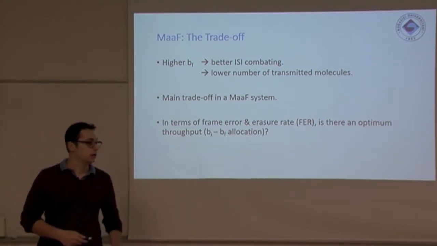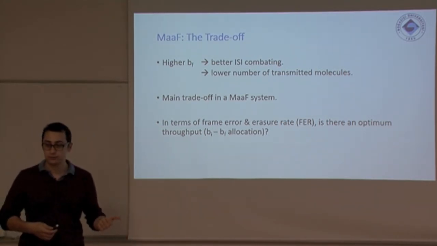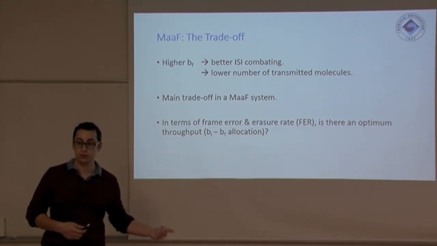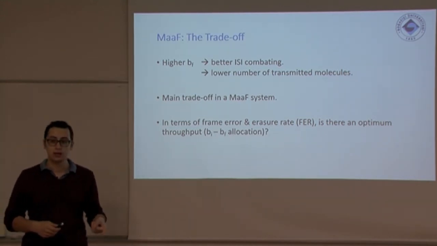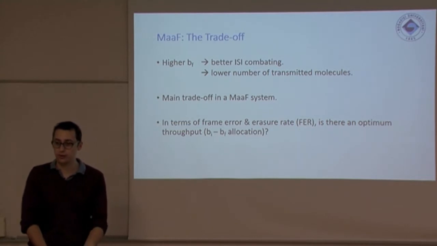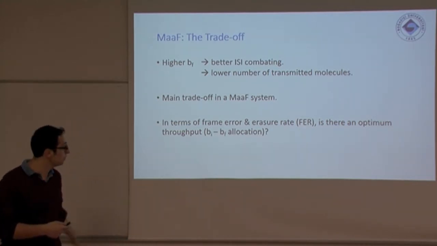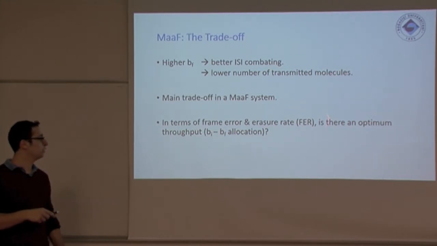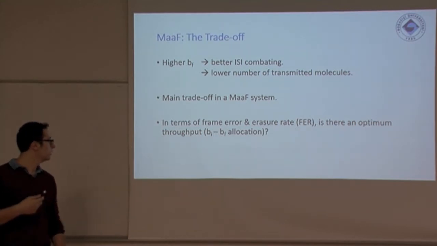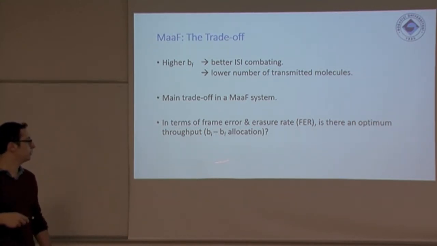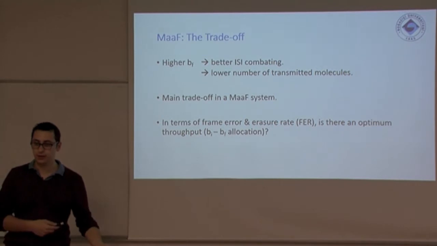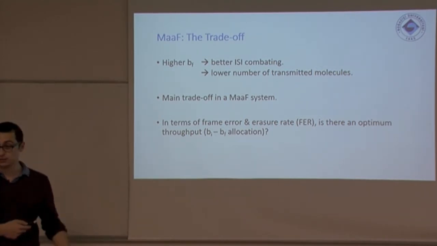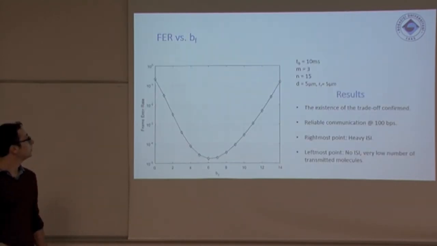So we can either make errors due to transmissions before, or we can make erasures, because no frame molecules actually arrived at the receiver. Combining them, we have come up with a metric called the frame error and erasure rate, FAR, and there should be an optimum throughput, a BF BI allocation, that minimizes this, we theorized.